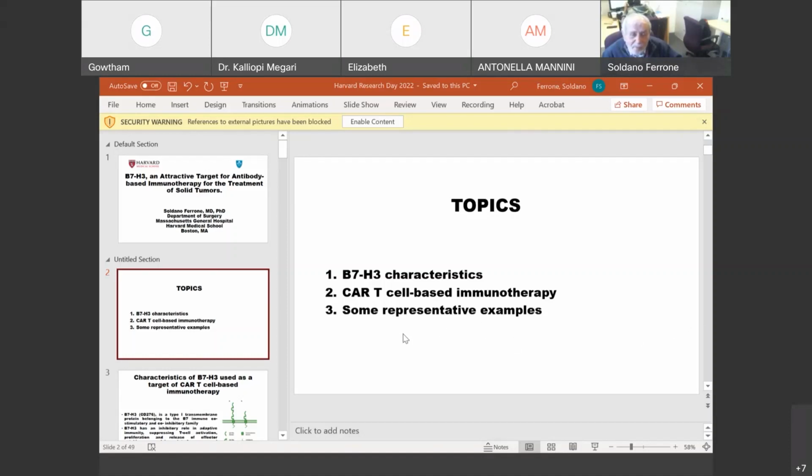with application of CAR T cell based immunotherapy for the treatment of solid tumors.